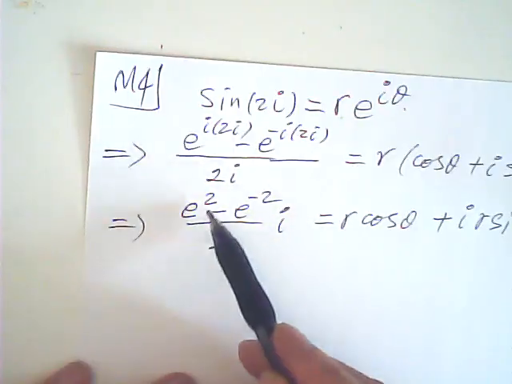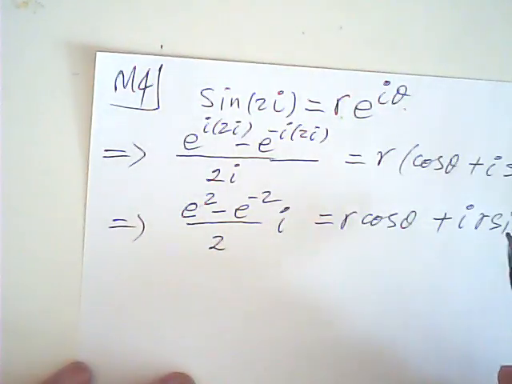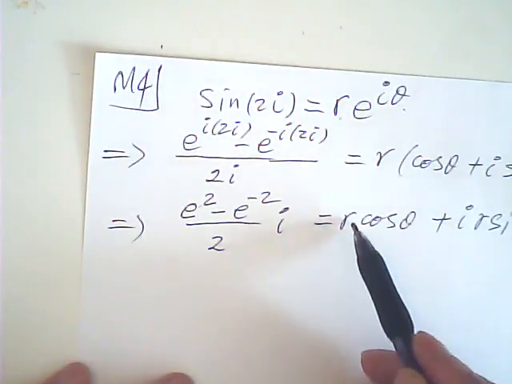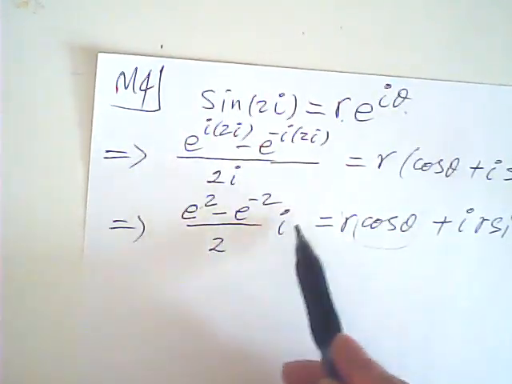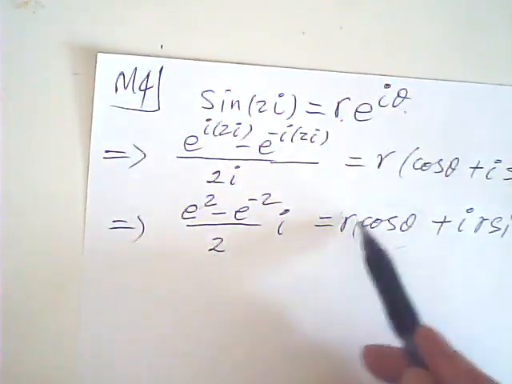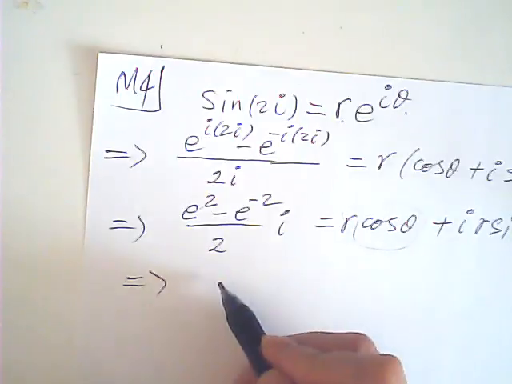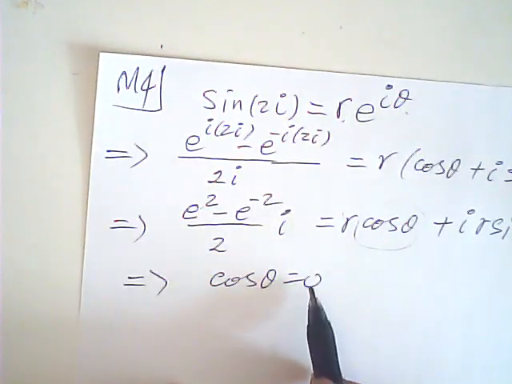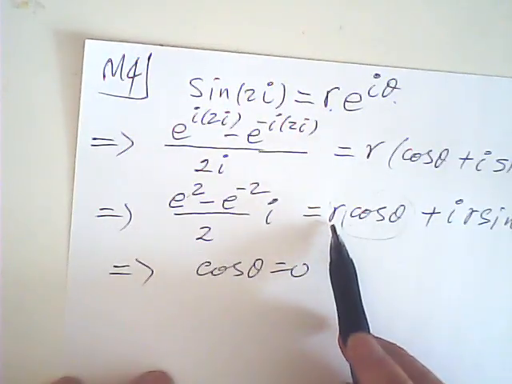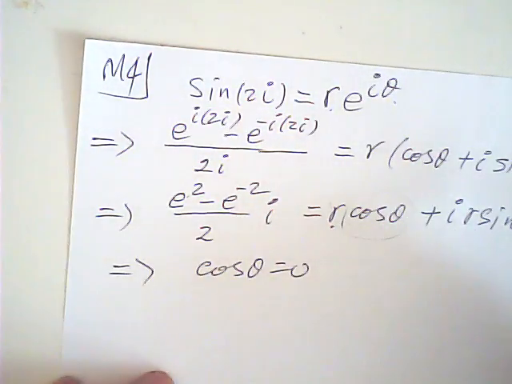Now this is a real number, not 0. Therefore, this must be 0 because the real part is 0 here. This complex number, the real part must be 0 too. So this means that cosine theta must be 0 because r cannot be 0. If r was 0, the number is 0.